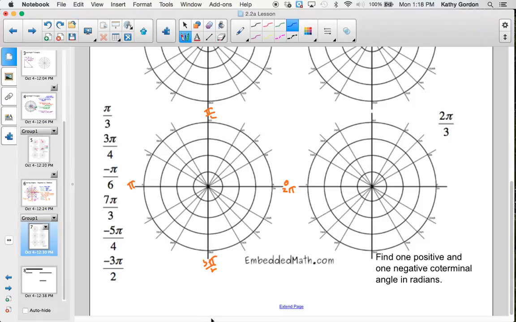This one? That one? That looks like 1/3. This looks like 1/3 of the top. 1, 2, 3. Nope, I didn't even get close. 1, 2, 3.